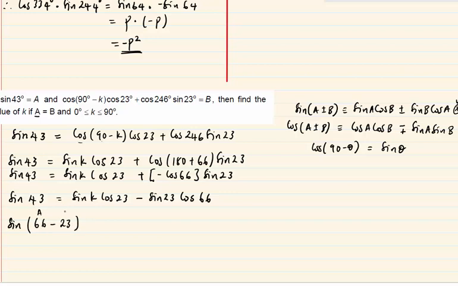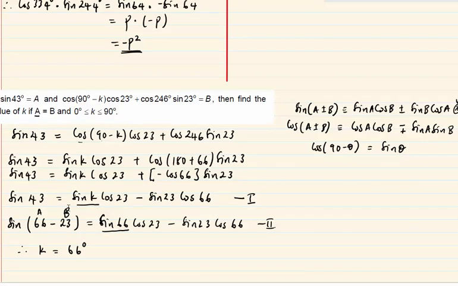So that becomes my angle A, and this becomes my angle B. So in this expansion, it's going to be sine A cos B, so sine 66 cos of 23 minus sine of 23 cos 66. Well, comparing expression 1 to expression 2, all these other terms are the same, so it follows that this is going to equal that. So therefore k must be equal to 66 degrees.